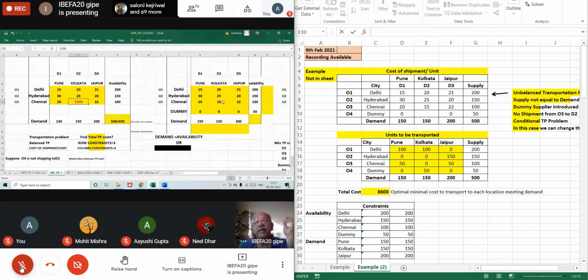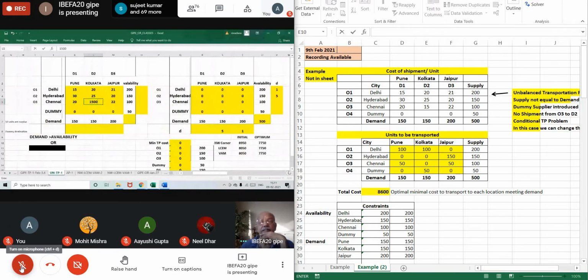Therefore, we are talking about a balanced transportation problem by introducing the number. Remaining all my algorithm is the same.